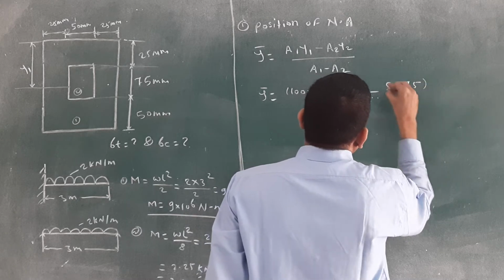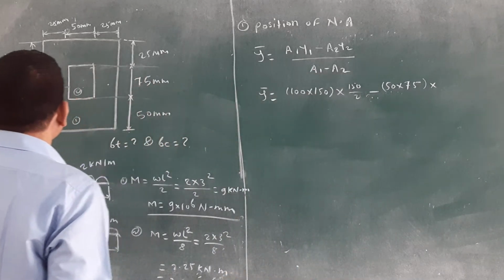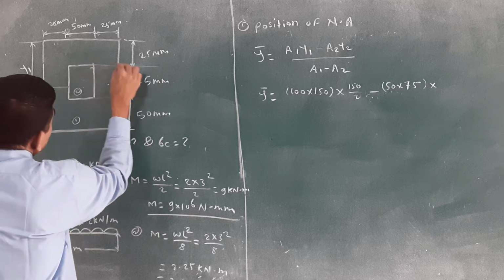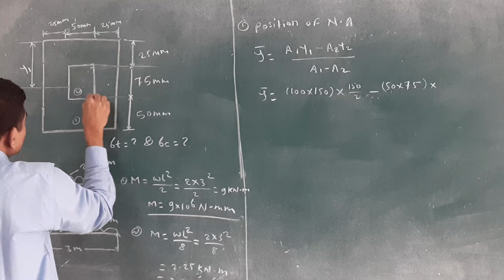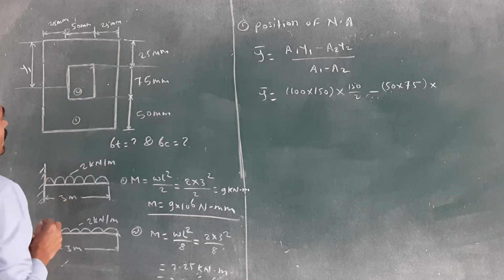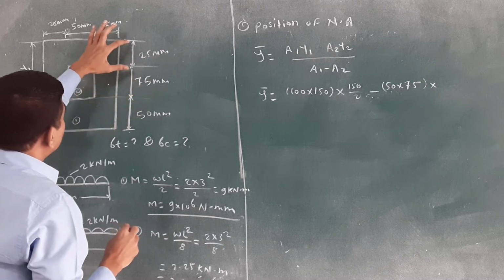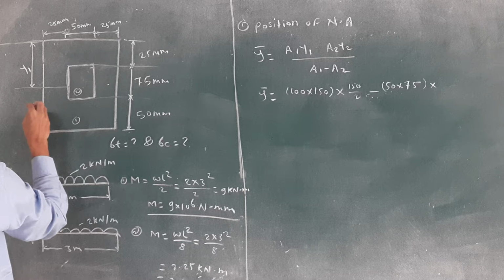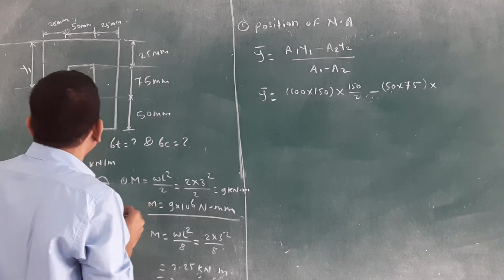Next, what is the y2? We'll start from the top. This 25 is given. You have to calculate the centroid of that small rectangle. Where is the centroid? 75 by 2 plus this 25 distance, which means we are finding from the top. Then you will get the y2.